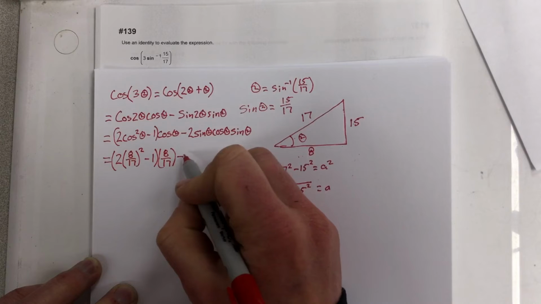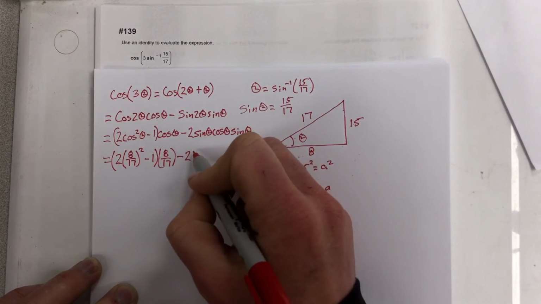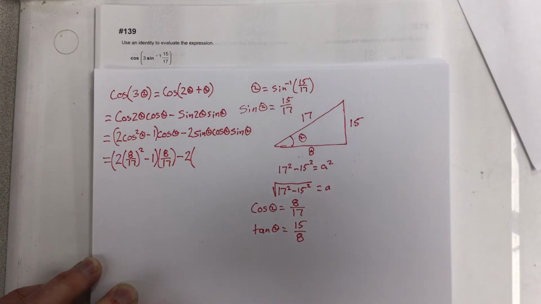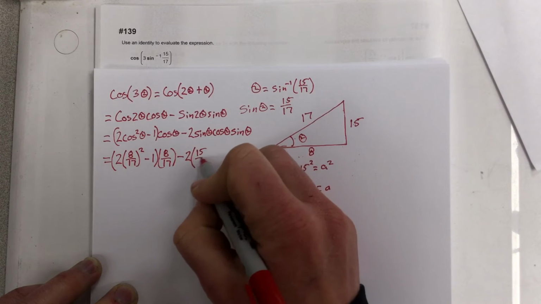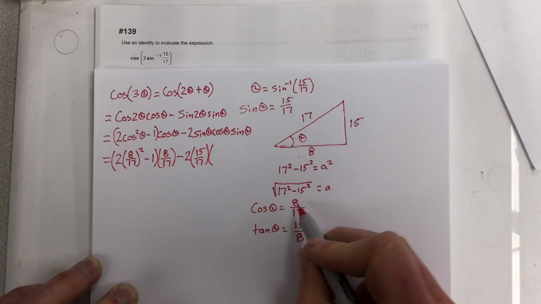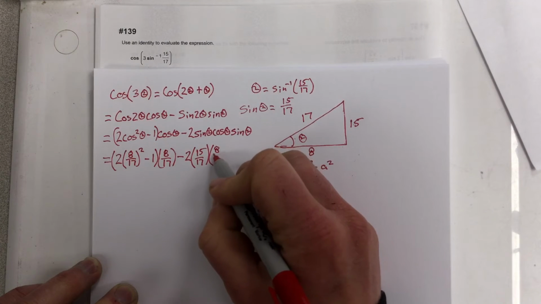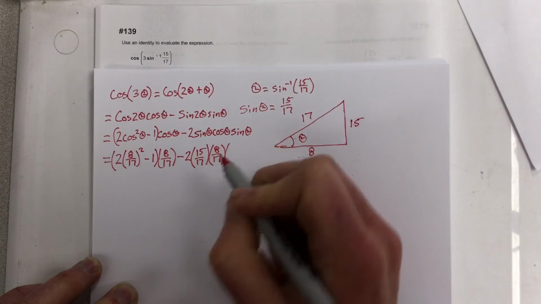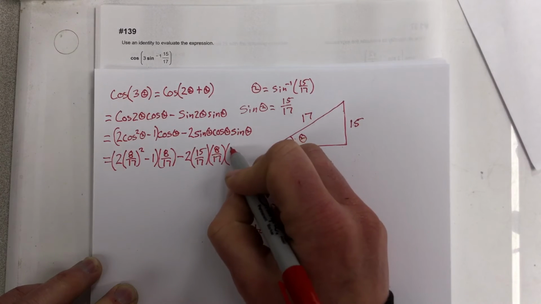And then I have minus 2 times sine theta, which is 15 over 17, times cosine theta, which is 8 over 17, times sine theta one more time, which is 15 over 17.